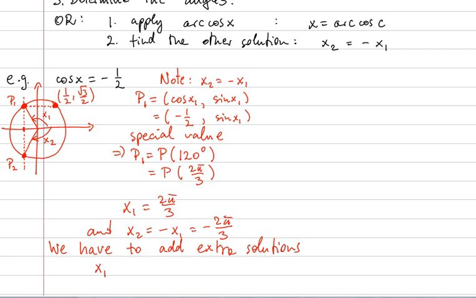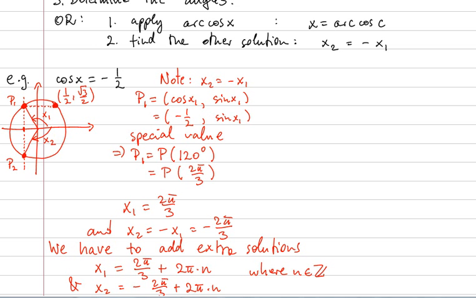Therefore, solutions are 2 pi over 3 plus 2 pi times n, and -2 pi over 3 plus 2 pi times n, where n is an integer, and we write in mathematics n belongs to Z, the set of integers.